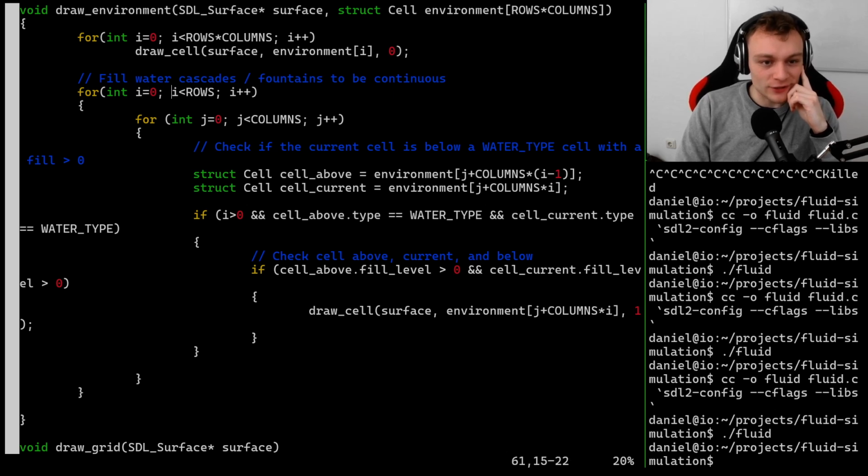So this is the one, I. This is also J, all J's. The cell above is the environment at J plus columns multiplied by I minus 1.